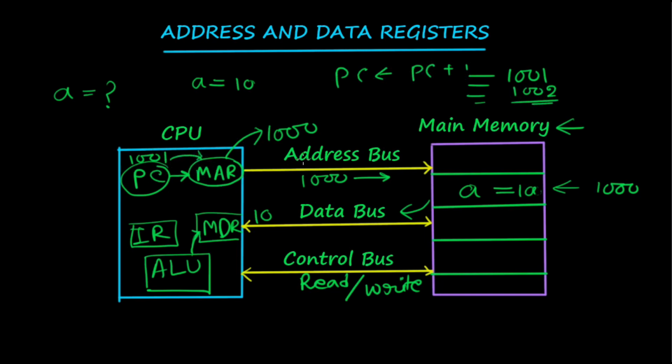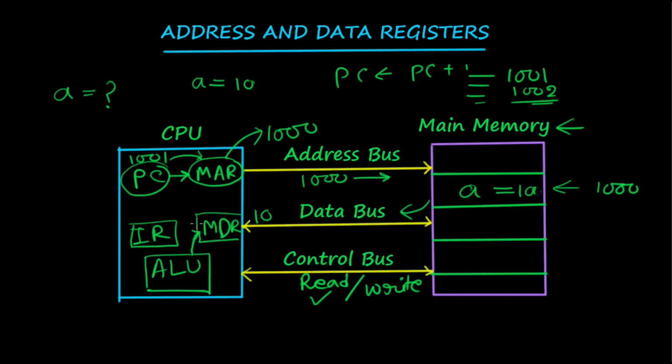From that MAR, this will go to main memory. Suppose this is a fetch instruction, that means it is actually a read operation. So the control unit will issue read signals. The read signal will come to the main memory, and main memory will collect the data and issue it to the data bus, and the data bus will carry that data and it will reach MDR.